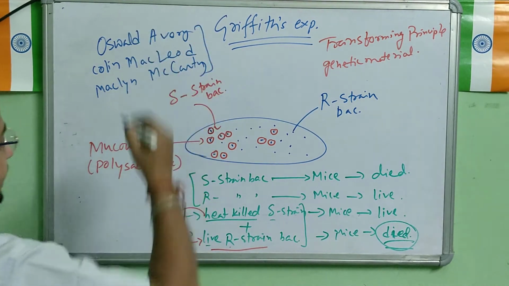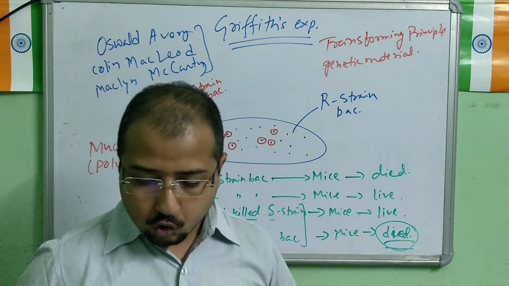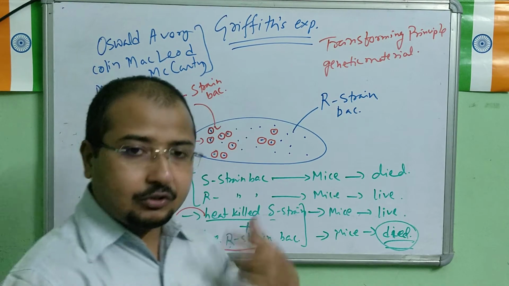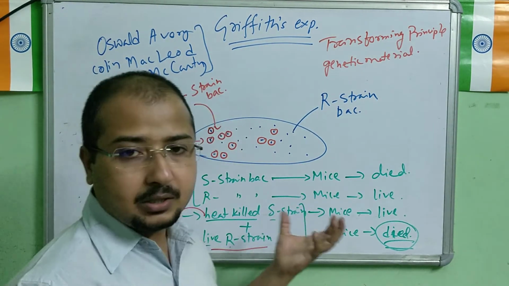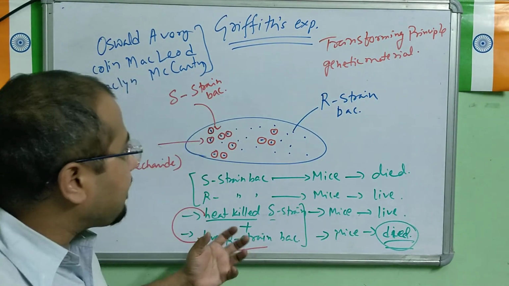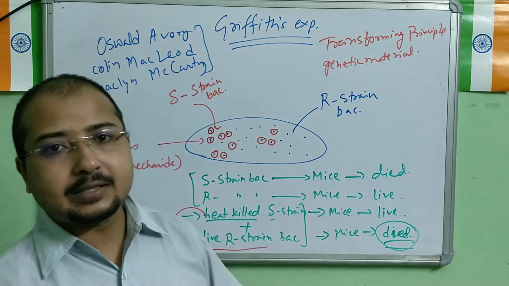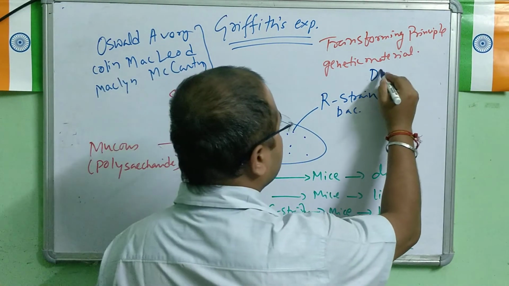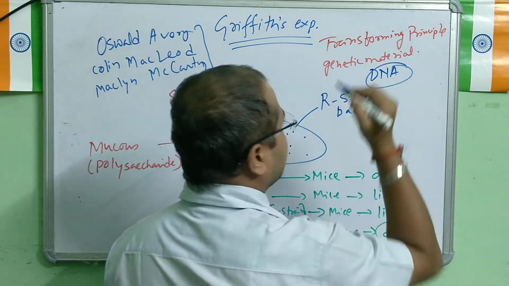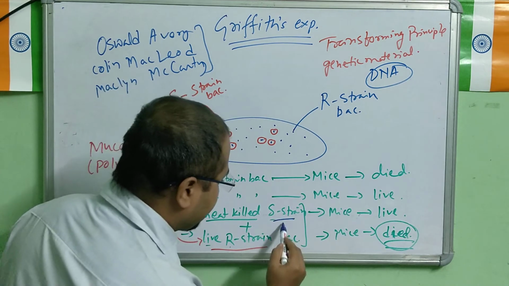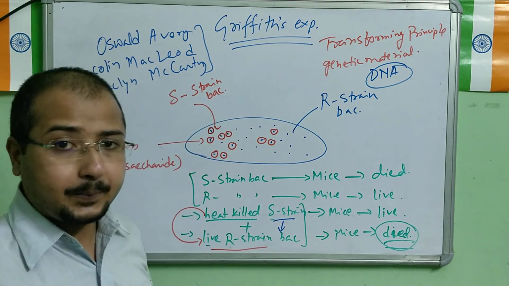These three scientists again did the experiment that Griffith did, and they came up with the conclusion that DNA is the genetic material, which is actually transferred from the S strain bacteria into the R strain bacteria.